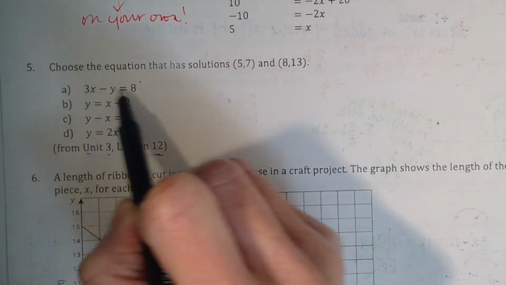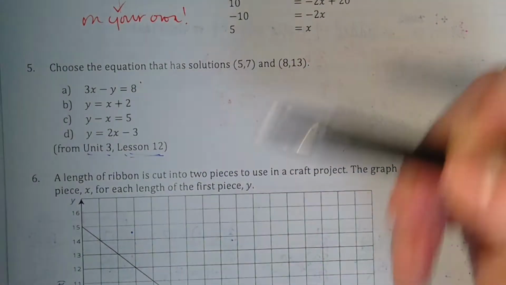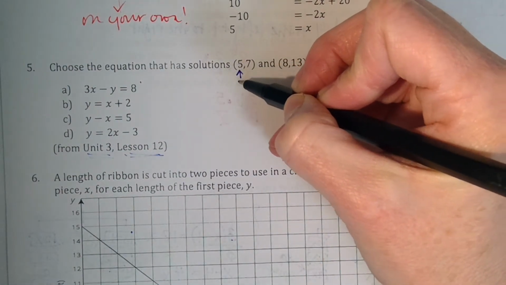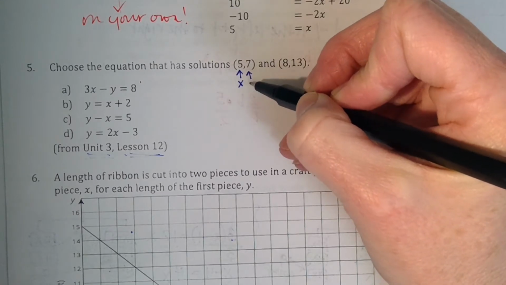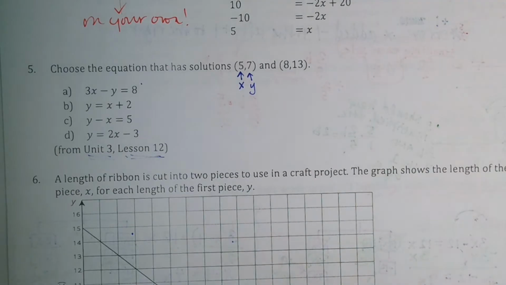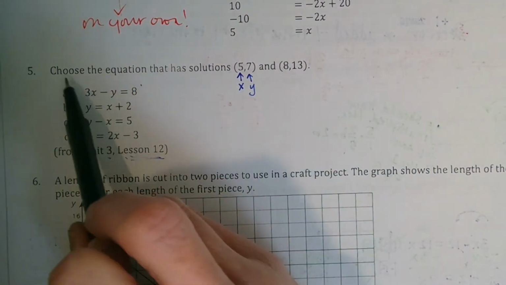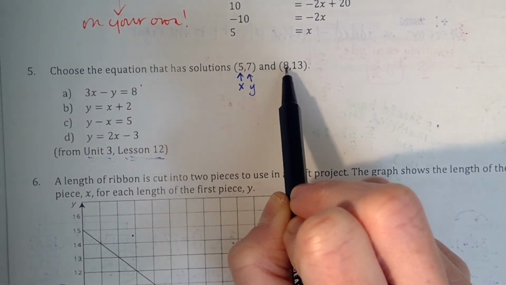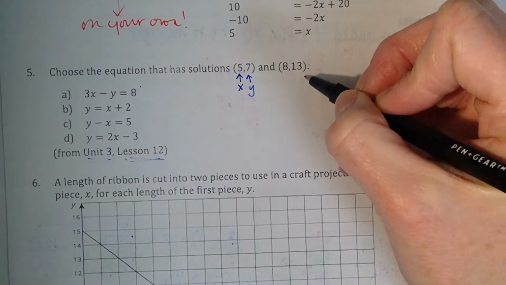These are equations with the x and the y. So the solutions in this case mean the x is 5 and the y is 7. So we have two numbers that have to get substituted or checked. So you're not solving anything like we have been the last few days. It says choose the equation that has solutions 5, 7 and 8, 13.